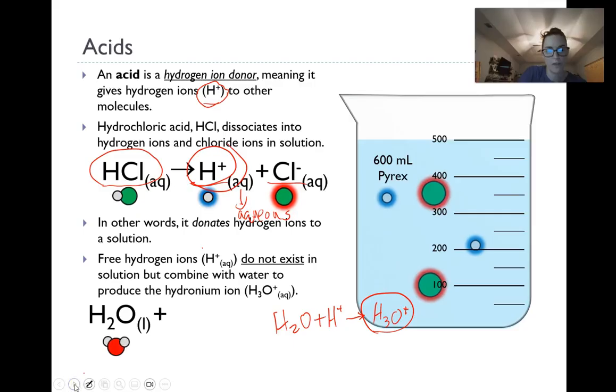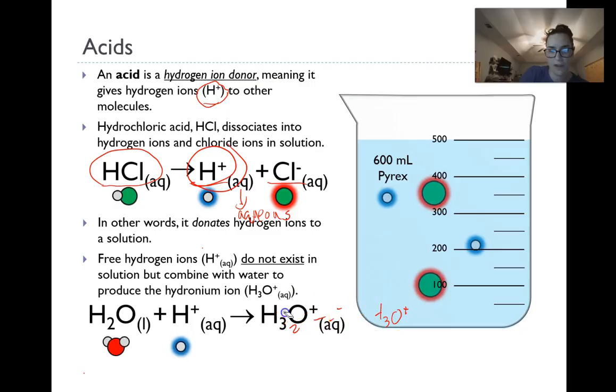So we have our water molecule here, and it combines with the free hydrogen ion, which is represented by this blue molecule here, and it forms the hydronium ion. This H3O plus takes on a positive charge now because it has gained a proton, a hydrogen ion.